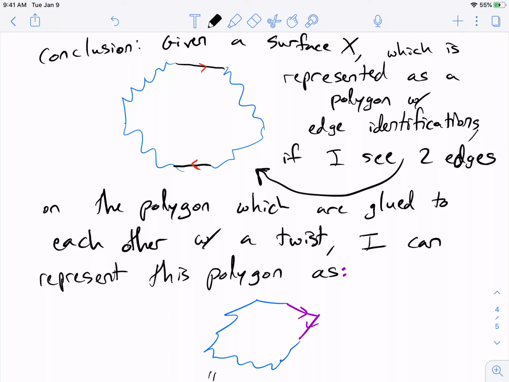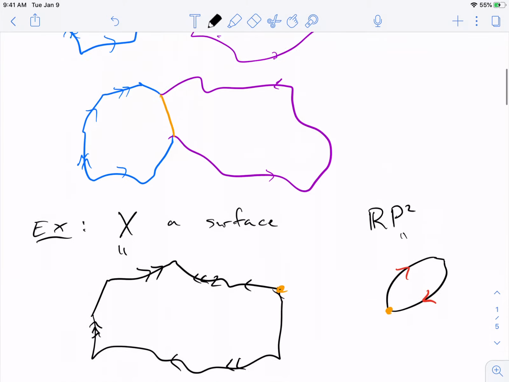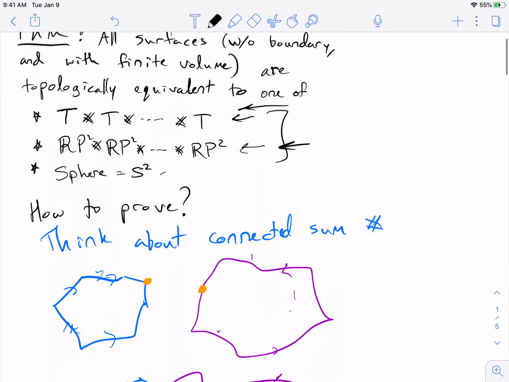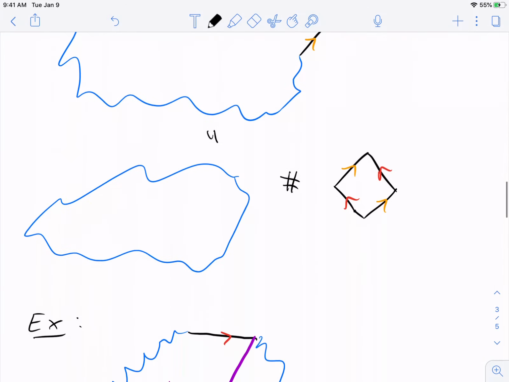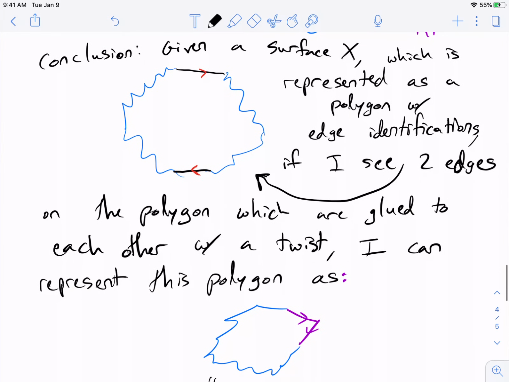If I'm given some complicated polygon, or if you are on an exam and you're asked, in terms of the theorem, what surface does this represent? Is it one of these? The way to go about figuring this out is to try to simplify it into pieces. And here's one move you can do.